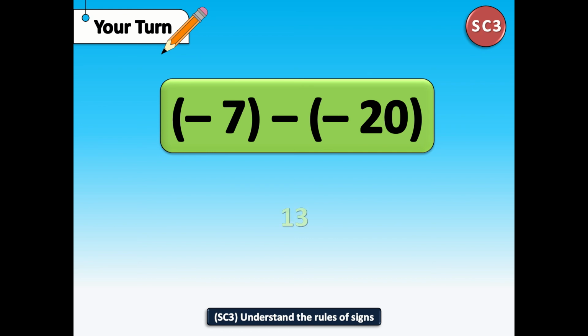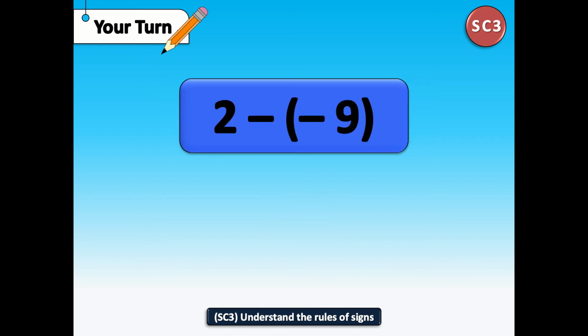So for this question, we should have got the answer 13. Here's another question for you to have a go at. Pause the video, and when you're ready to mark your answer, press play. So your answer for this question is 11.